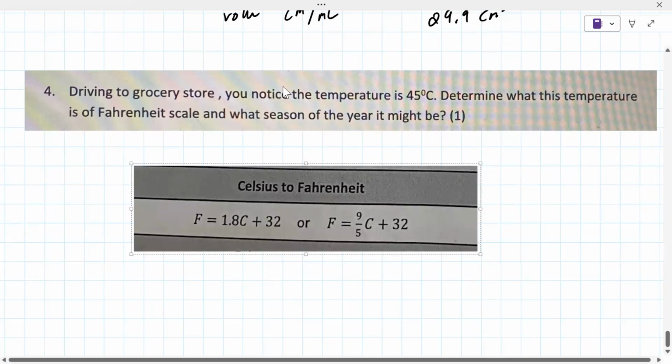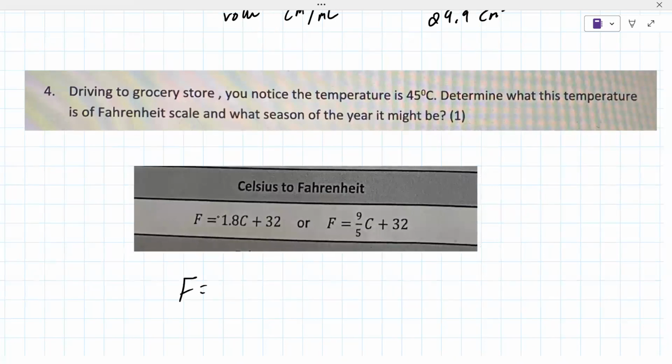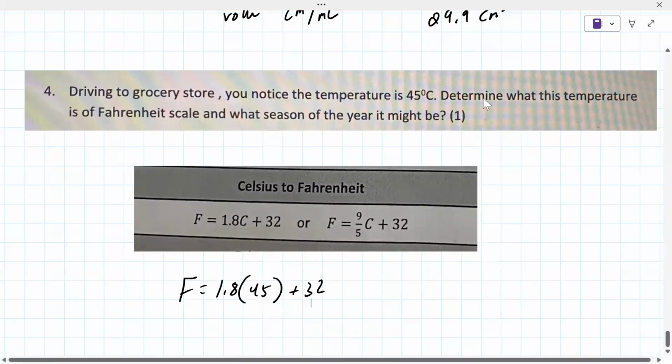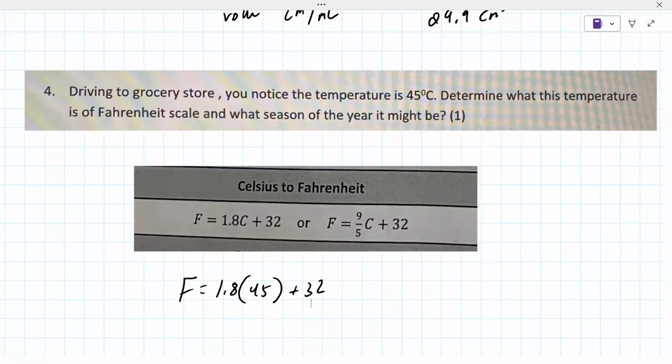Driving to the grocery store, you notice the temperature is 45 degrees C. Determine what the temperature is on the Fahrenheit scale. So we're going to use this first one: F equals 1.8 times 45 plus 32. It should be 113.